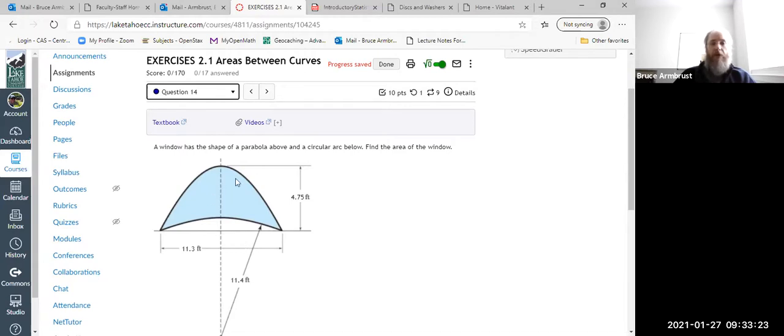Or you can solve those two equations for y, take the parabola minus the circle and integrate that from minus 5.65, whatever that was, I don't even remember, to the plus 5.65. And there you go. So you have a couple of different options at that point, but I'm going to turn you loose on that on your own because we need to keep moving.